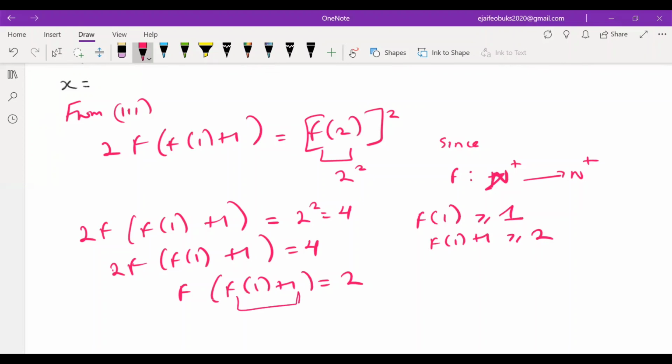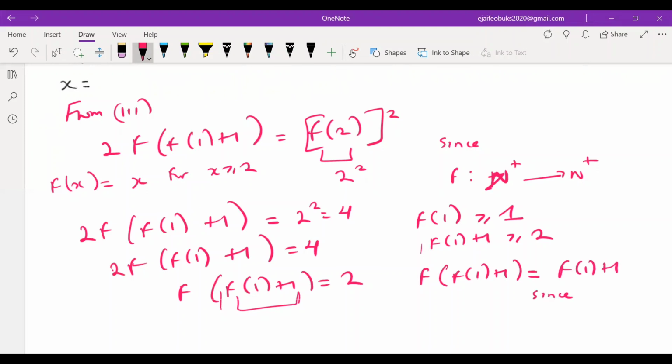So this can actually work with our f of x equals x for x greater than or equal to 2. So we know that this is equal to f of 1 plus 1, since f of 1 plus 1 has to be greater than or equal to 2.